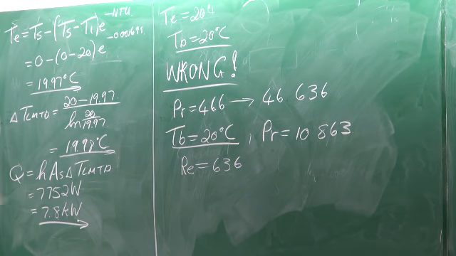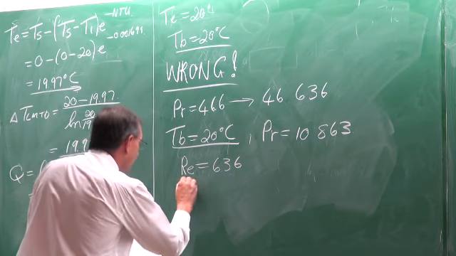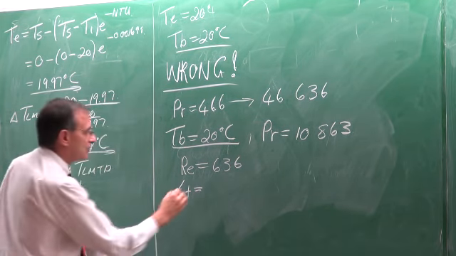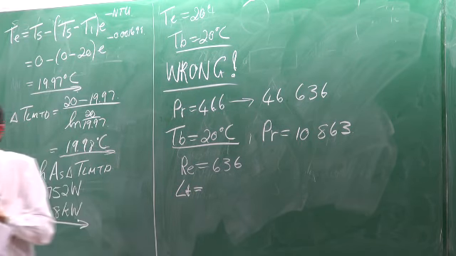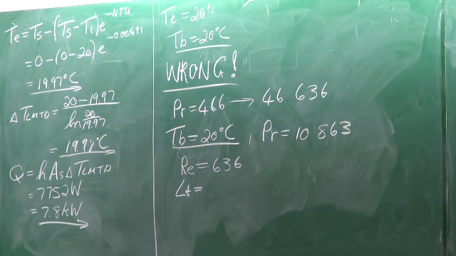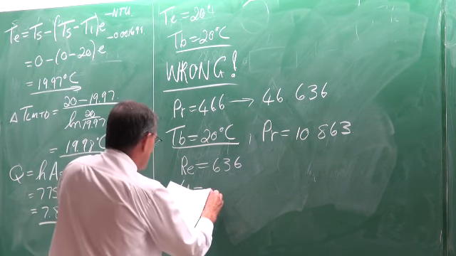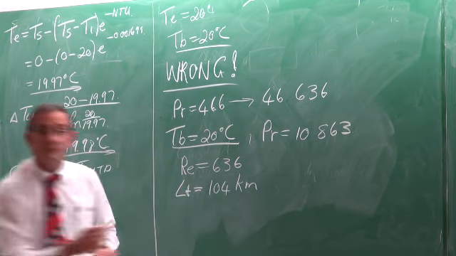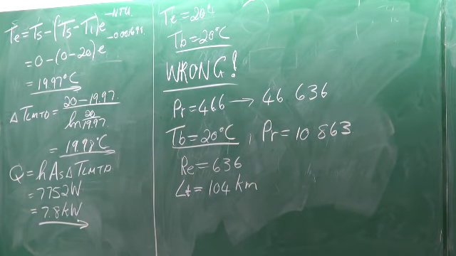Okay, but it is still laminar flow. But look at this big difference. If we go and calculate LT, how long will it take before the flow is thermally fully developed? If we do this calculation now, it is 104 kilometers. 104 kilometers before the flow will be fully developed.